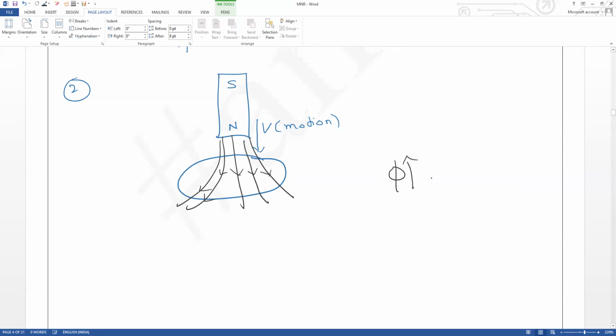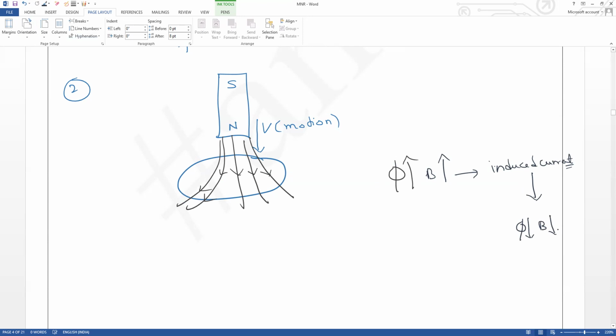Flux is going to increase. Then B is also going to increase. B is going to increase means current is going to be induced. Induced current means then definitely flux is going to decrease.